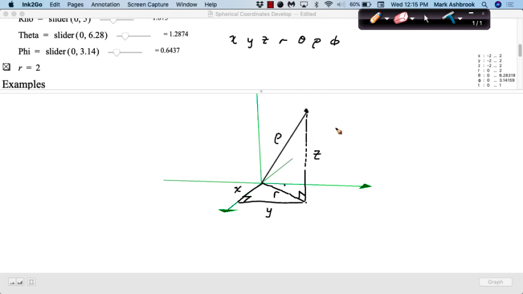Okay. What about theta? Where's theta? We already know where theta is. This one here? Yep, that's theta. And then what about phi? Where's phi? The angle between the diagonal line and the z-axis.